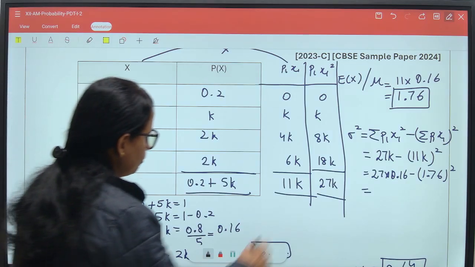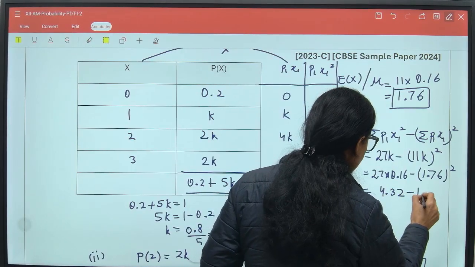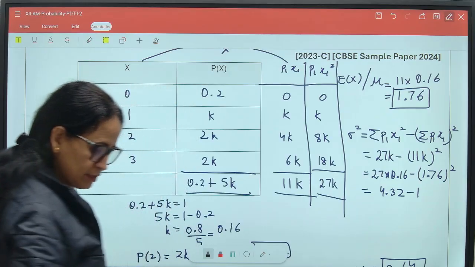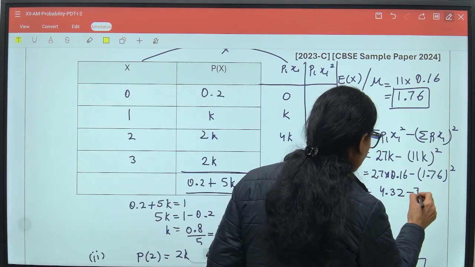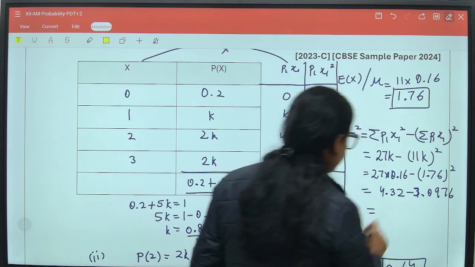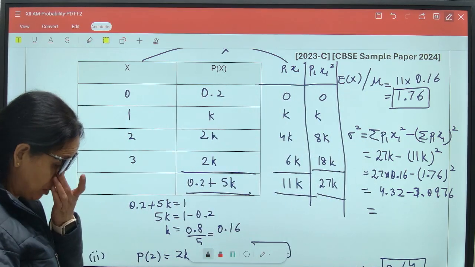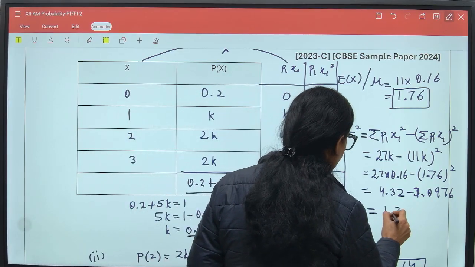So it will come out to be 4.32 minus square of 1.76. What is square of 1.76? It is 3.0976, and after subtracting, the variance comes out to be 1.22. Clear?